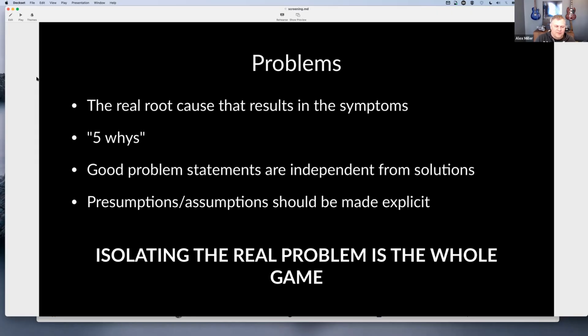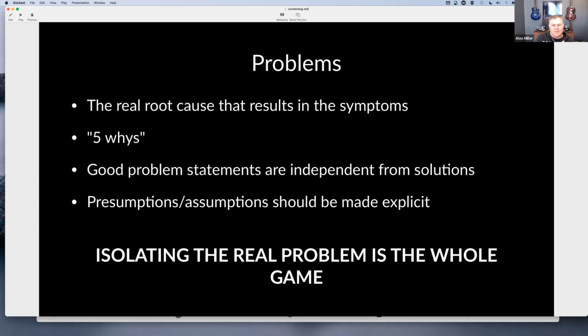Is like, the user saw this, well, why did they see that? Oh, because this thing happened. Or why did they see that? Well, because this thing happened. And eventually you bottom out in something like, at some point you'll bottom out in, like, some process allowed this bad code to be written in the first place. But once you got to that point, you're probably far enough.